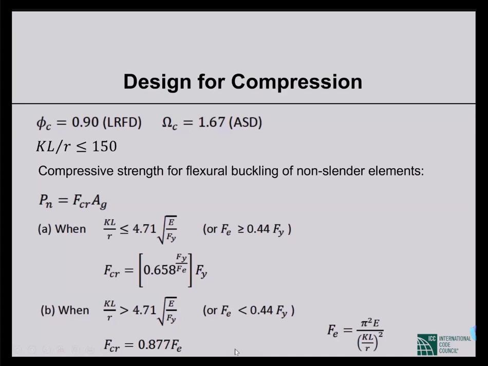Fe is nothing but the critical Euler buckling stress. So these are just formulas. You have to get the values of these stresses, put them in the formula and get Fcr, and then you will get Pn. That's boring, but there's some interesting stuff in it actually.